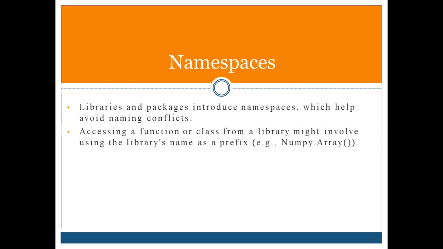Accessing a function or class from a library might involve using the library's name as a prefix. There are also types like module namespace, package namespace, global namespace, and local namespace.